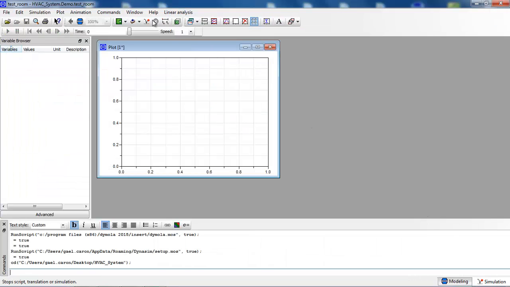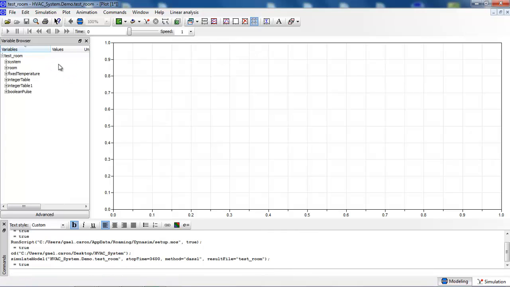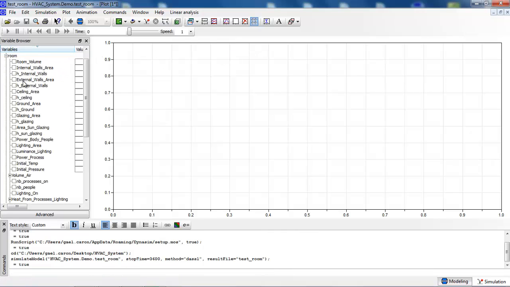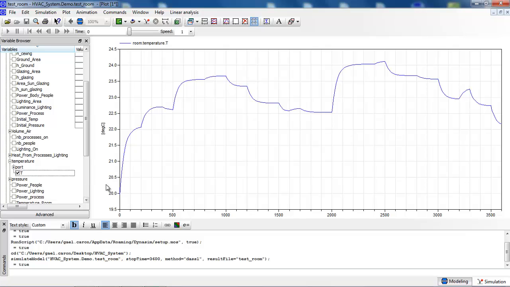If I go through simulation, I will now post-process what happened in my room. It's very easy. I go through room and I can look at the temperature in my room, which is here. So at the beginning my room is 20 degrees Celsius, and after the temperature increases by step depending on the number of processes on or people coming in the room.